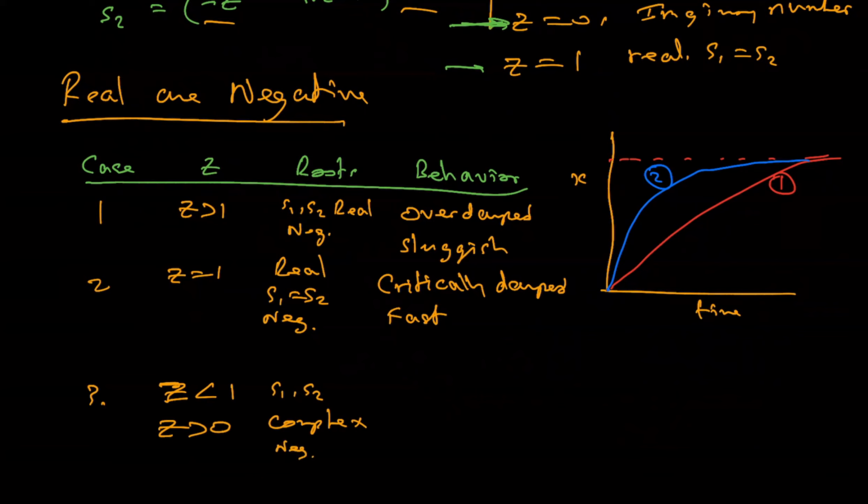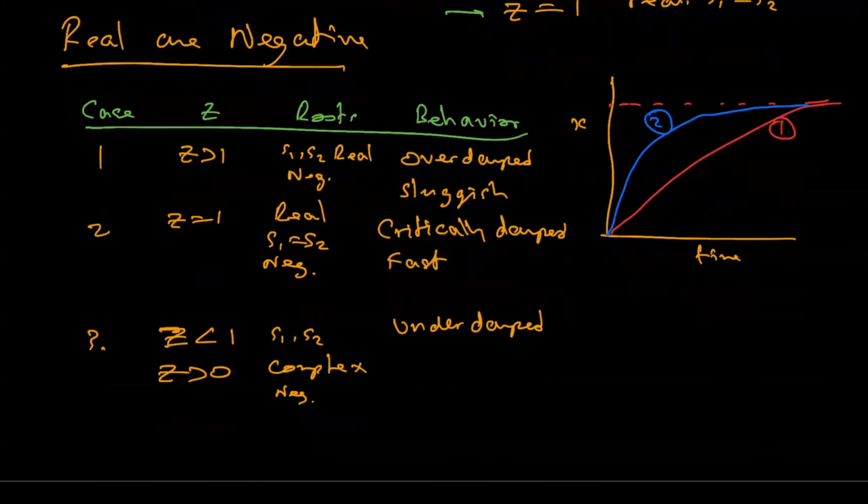The technical term for this one is underdamped. And the minute you see complex poles, you immediately must start thinking of sinusoidal behavior. In this case, it's damped oscillations, and they're damped because the real parts are negative.